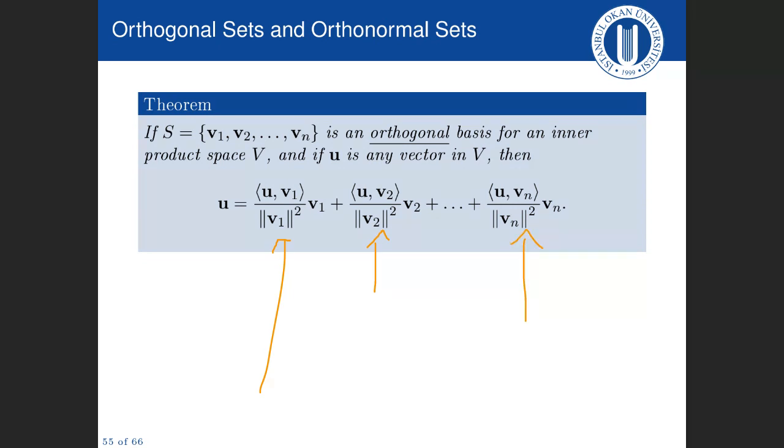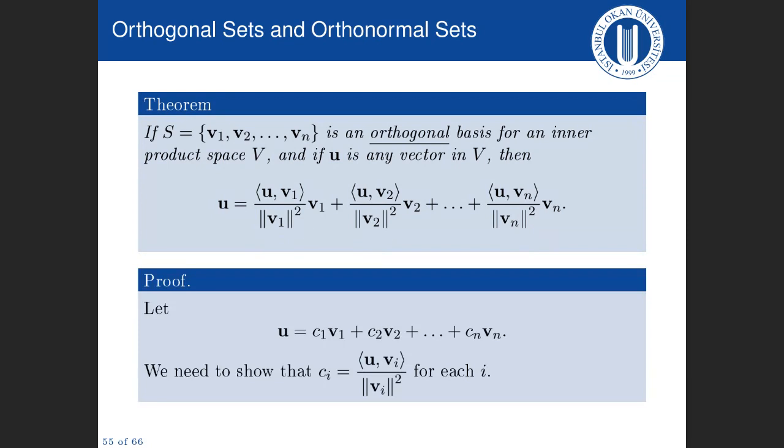Let's prove this theorem. Let U be C1 V1 plus C2 V2, etc. We need to prove that each one of these Ci's is equal to the inner product of U and Vi divided by the norm of Vi squared.